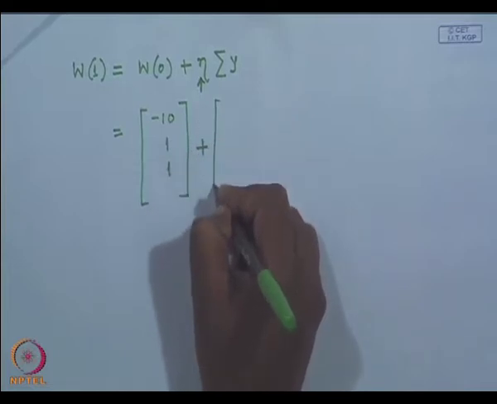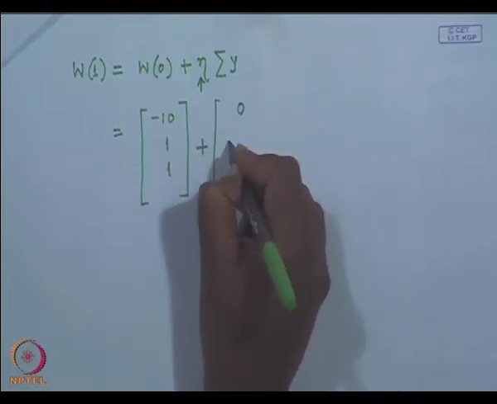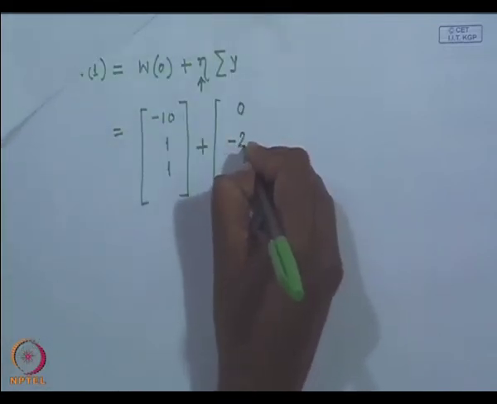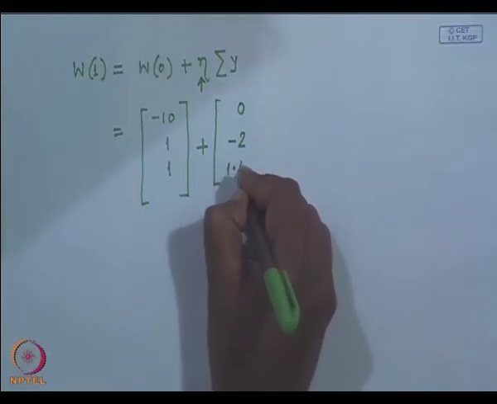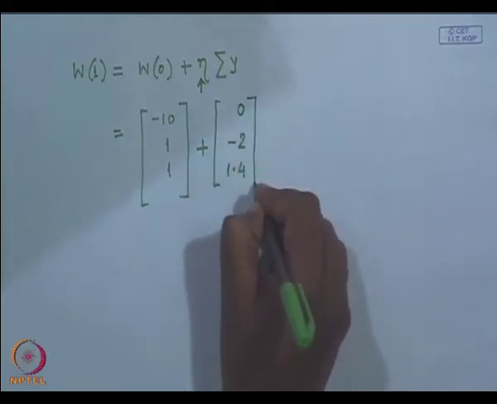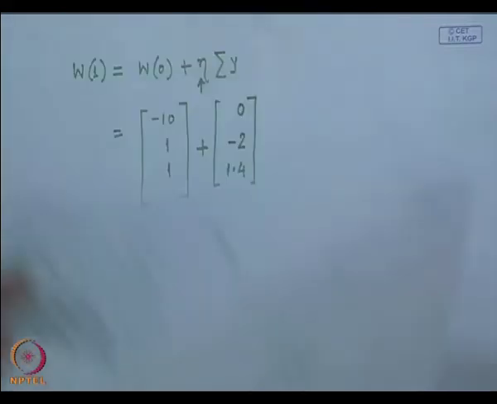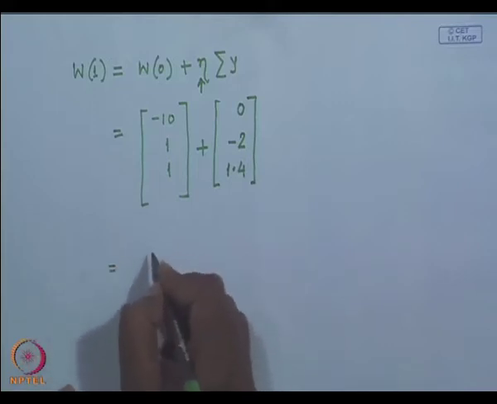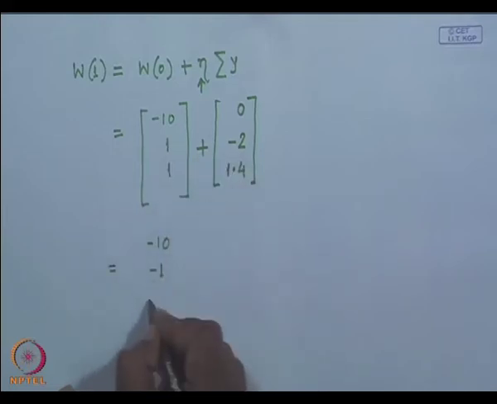So, eta times the sum of y will be 0, minus 10 into 0.2, that is minus 2, and 7 into 0.2, which is 1.4. So, w 1 simply becomes minus 10, minus 1 and 2.4.